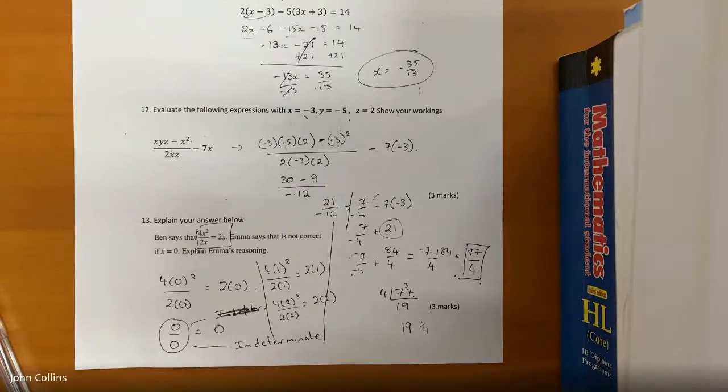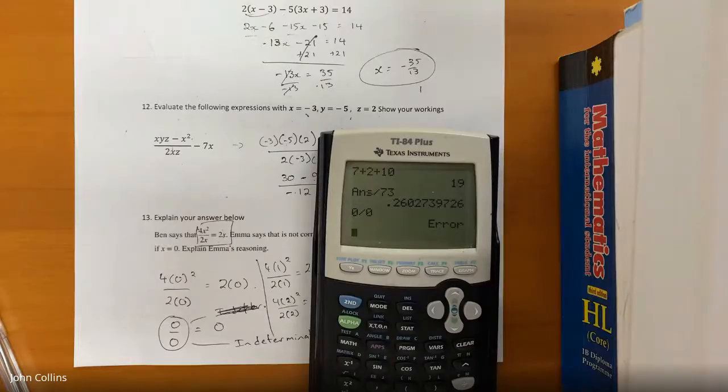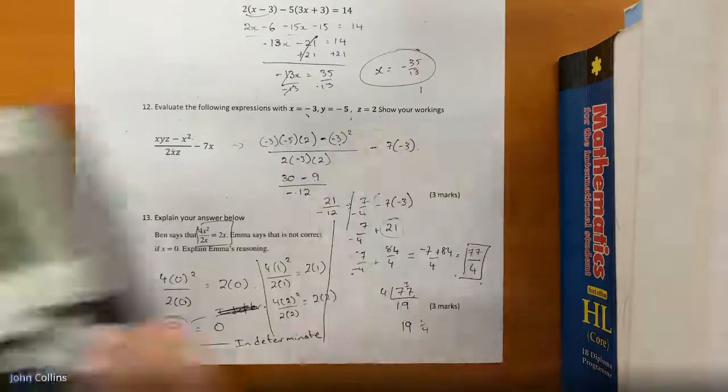Even if you ask Siri, it's hilarious. So you can check on your calculator, but 0 divided by 0 is not a legitimate operation because it would suggest that the opposite is then true. 0 times 0 is 0, and anything times 0 is 0.